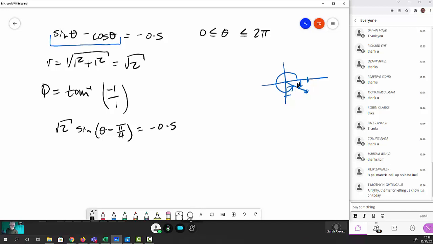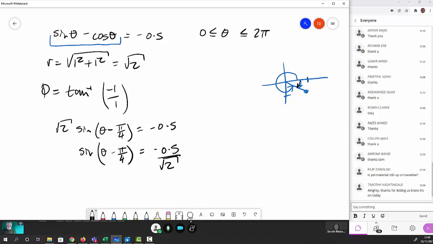Okay, what we want is the value of theta in that range. That's what we're looking for. So we can say that sine of theta minus pi over 4 is equal to minus 0.5 divided by root 2. Again, don't mess with your calculator until the very end.